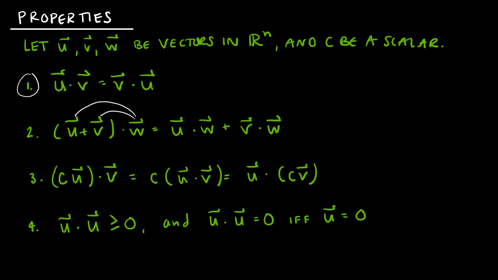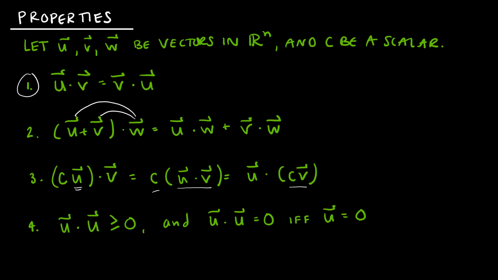The third property tells us that if we have some scalar c, and I have the scalar multiplied by vector u, and then I'm taking the dot product with v, it's the same as taking the dot product of u and v and then multiplying by the scalar, or the same as multiplying that scalar by v and then taking the dot product. All of those things are the same.